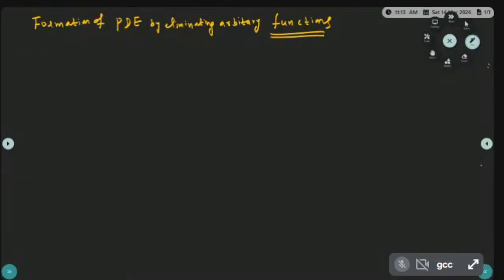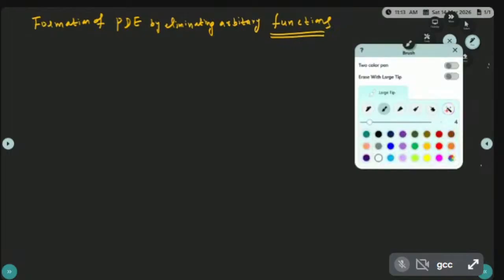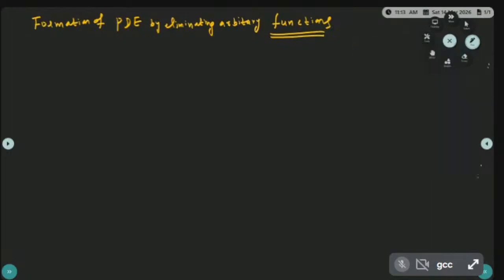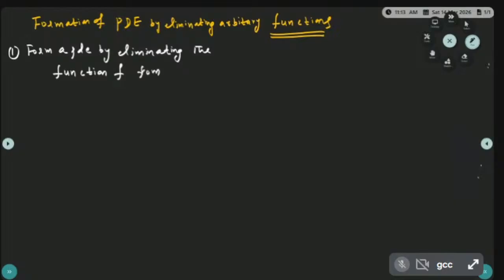Now see, I will explain the problem. Form a partial differential equation by eliminating the function f from z equal to f of x square plus y square.